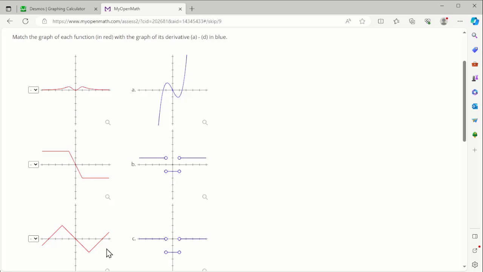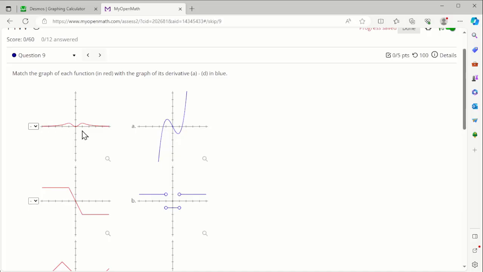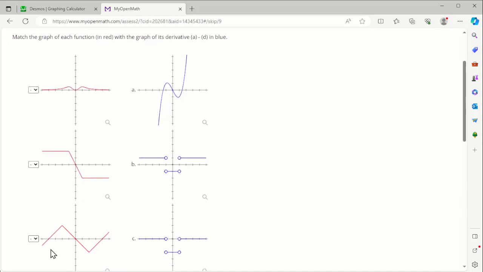So what we have in this kind of problem is a list of functions. The original function, f of x, is in red, and any one of these is the graph of the derivative as a function.